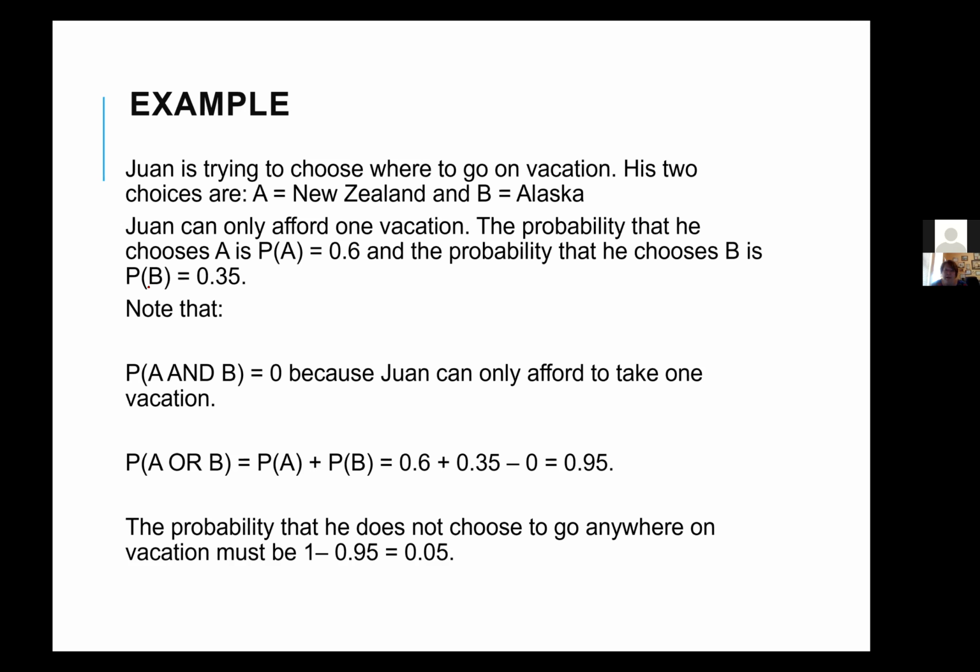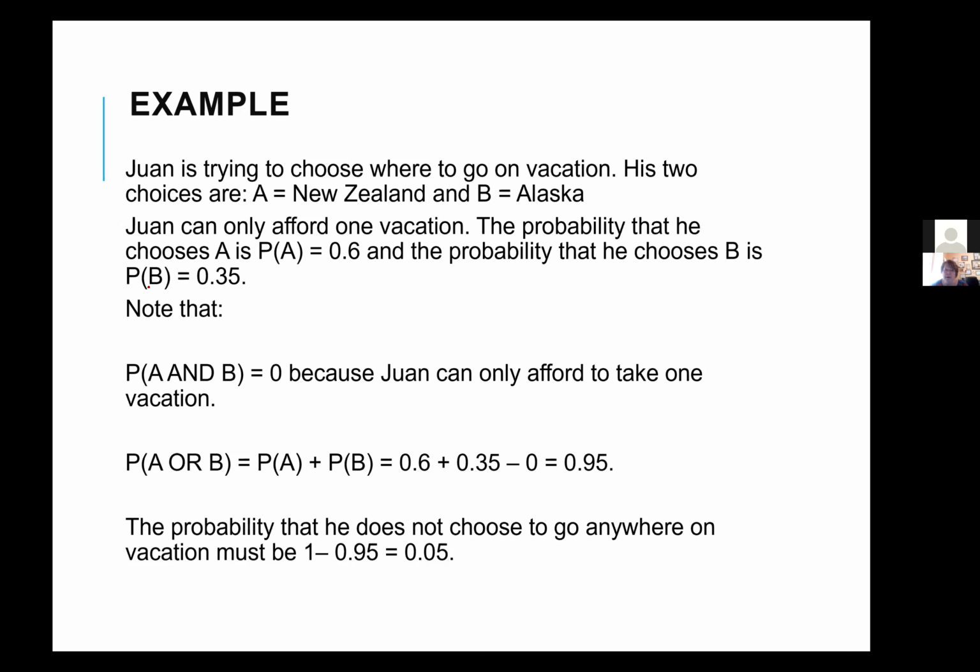Now, the probability that he goes both places is 0 because he can't afford two vacations. So the probability that he goes to New Zealand and Alaska is 0. He's not going to do both. So the probability of A and B is 0.